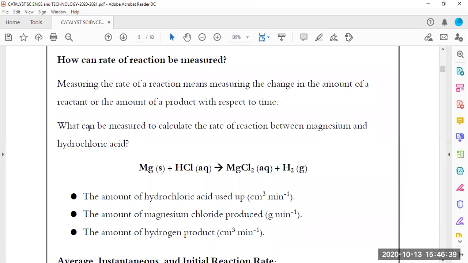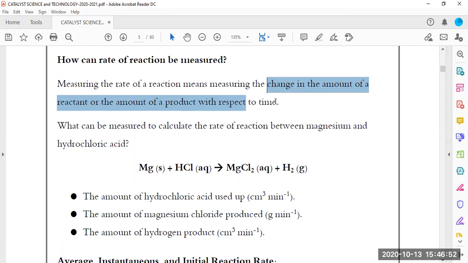So how can rate of reaction be measured? Measuring the rate of a reaction means measuring the change in the amount of a reactant or amount of product with respect to time. So we need to measure something that changes, like concentration, volume, mass, pH, temperature, color.